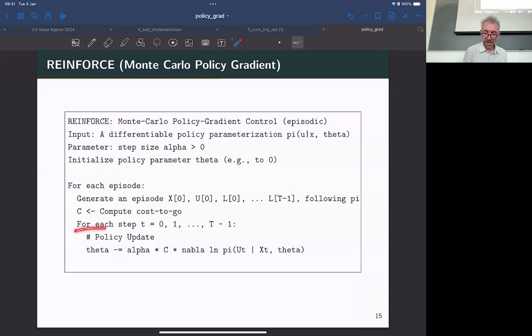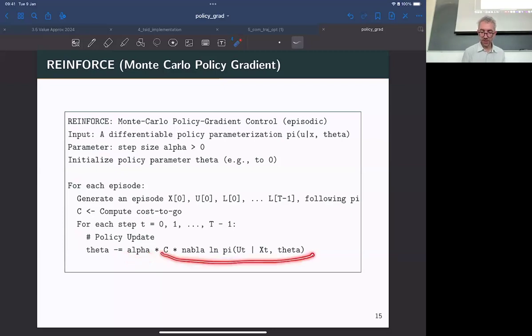And then for every state that you have visited during the episode, you update the policy using this update law, which is the update law that we have derived with the policy gradient theorem. So you update theta in the opposite direction of the gradient of your cost, scaled by your step size alpha, also called learning rate.